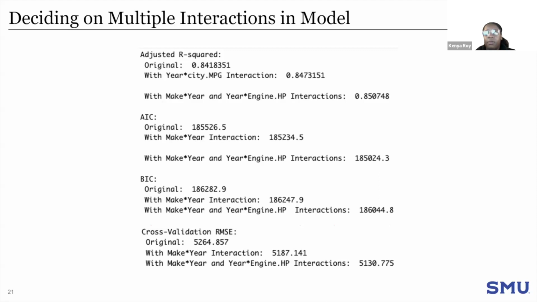So the model that had two interactions outcompeted both the original model that Amberly pulled together and the interaction with just make and year, which was the strongest interaction we could pull together with our domain knowledge. So moving forward, we decided to use the model with the two interactions.